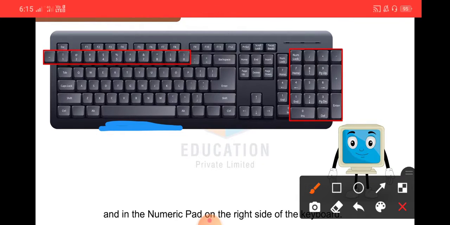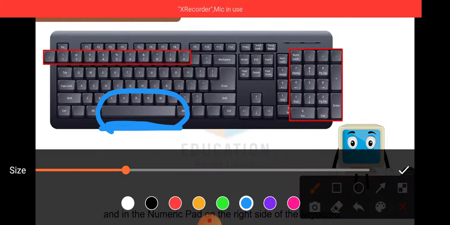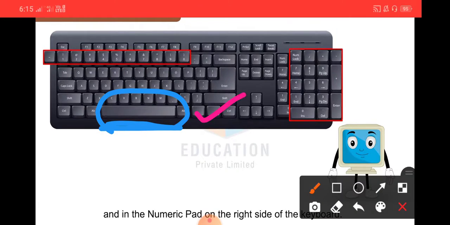This key is known as the space bar key, and it helps us to give spaces between letters or words, and also between sentences or lines.